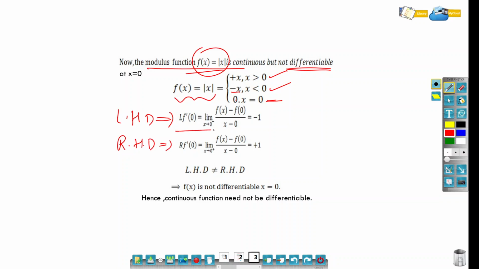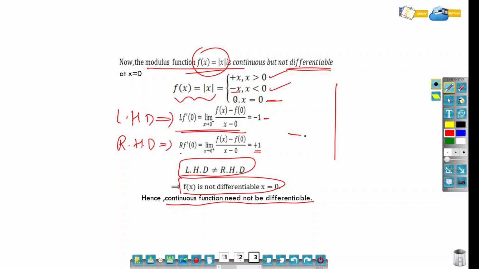By applying the left hand derivative definition, we will get minus 1, and for the right hand derivative we will get plus 1. That means LHD is not equal to RHD, so the function is not differentiable. Hence it is a continuous function but not differentiable. So we can conclude that every differentiable function is continuous, but continuous functions need not be differentiable.